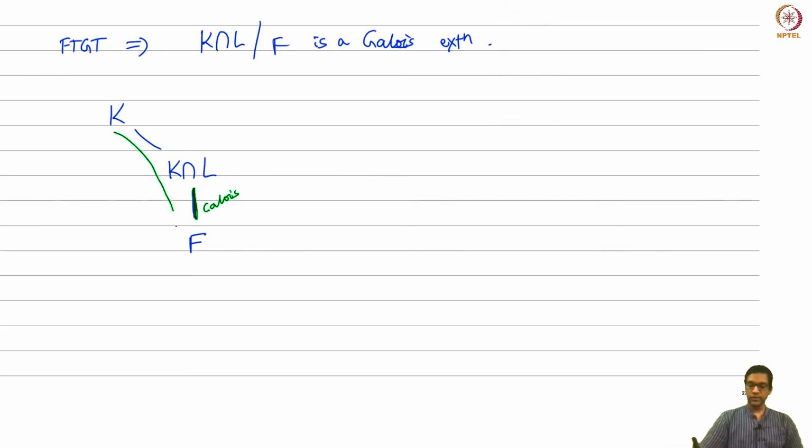I already know that this whole thing is Galois. Now by the fundamental theorem again, sorry, I should do the same thing on this side. So let me call the group of K over F as G prime, and let's call the subgroup corresponding to K intersection L as H prime.